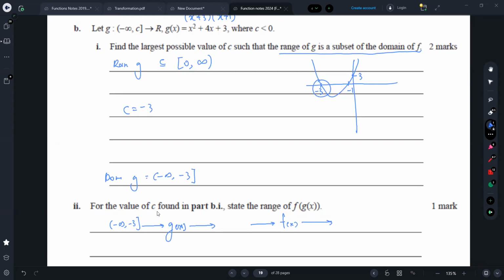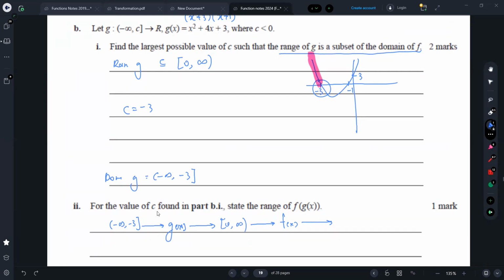Yeah, good. We're looking at this part of the graph, so the y value would correspond to 0 to infinity. We're very lucky here because that's easy to work with.